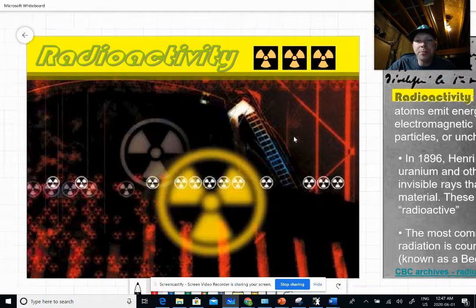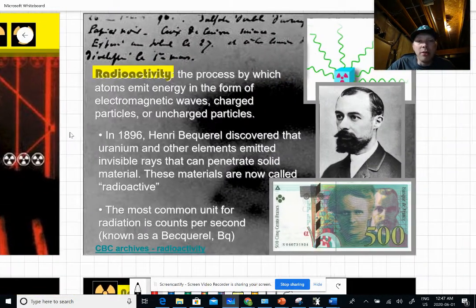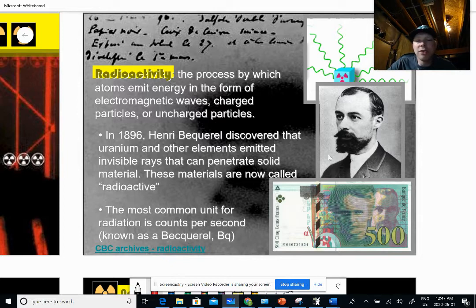Okay, so basically these first few slides are introductory slides talking about how radioactivity was discovered. Becquerel discovered uranium and other elements that had this energy that can penetrate different materials, which we call radioactive.